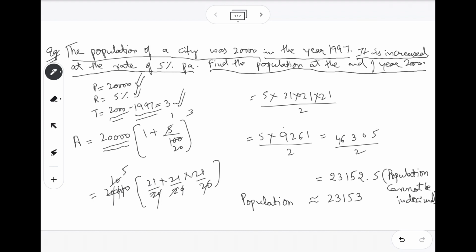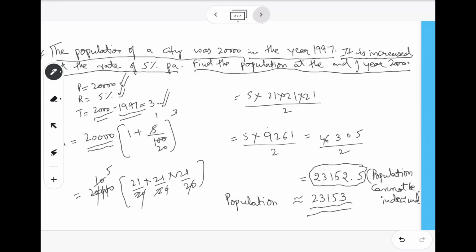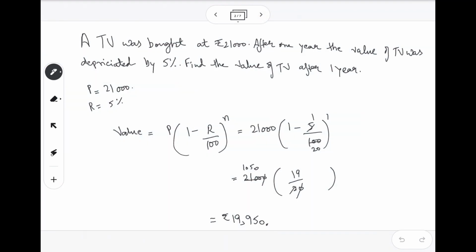On solving this, we finally get the population as 23152.5. Now we know that the population cannot be in decimal, so on approximating we get the value as finally 23153. Moving on to next question.